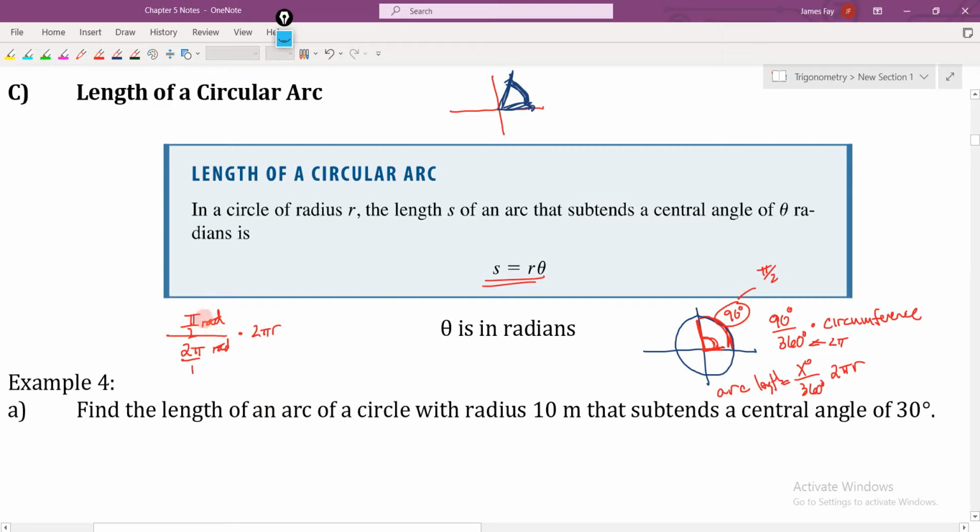When I multiply this stuff out, I'll have pi over 2 times the reciprocal, so 2 pi. So the pi's cancel. I get 1/4 times 2 pi r.